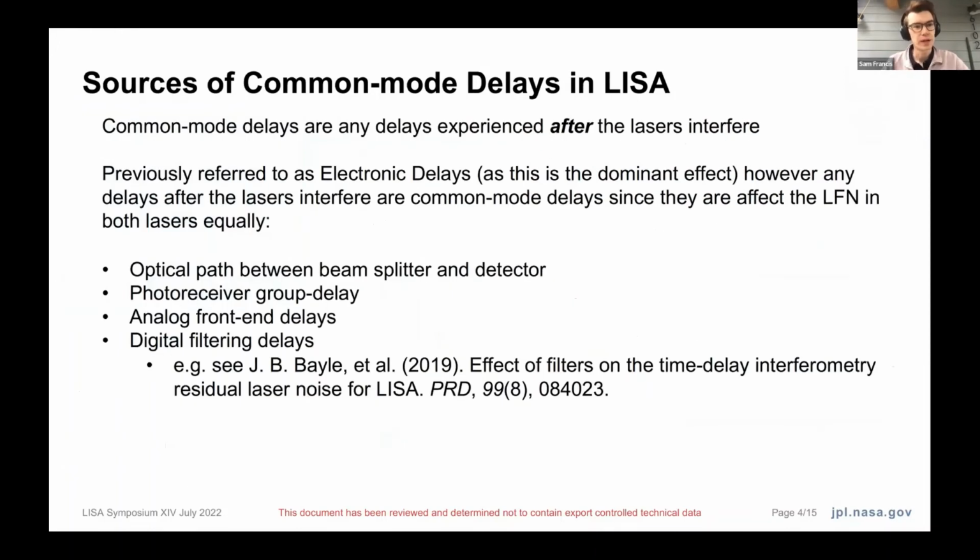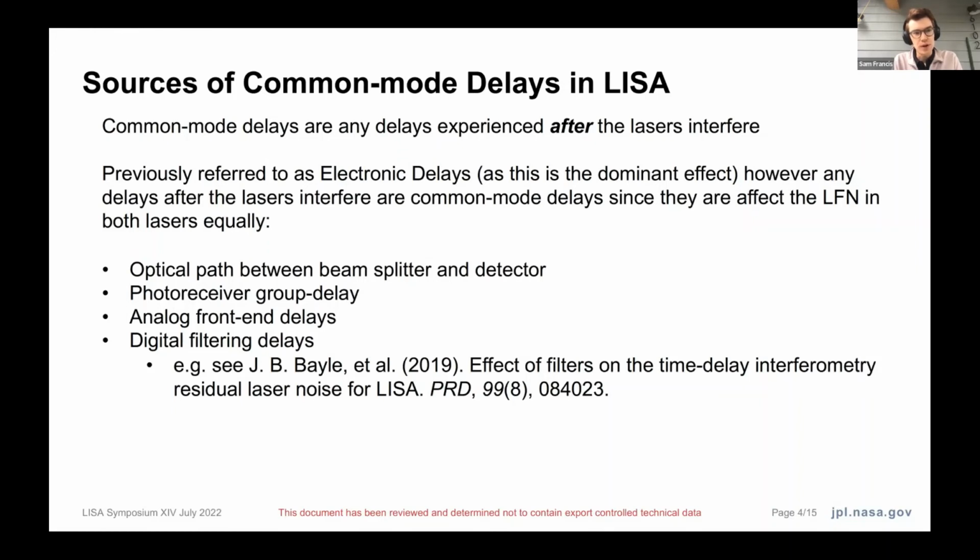Okay, so like I said, these common mode delays are really any delay that's experienced after the lasers interfere. Previously, people have talked about these types of delays, but they've focused on electronic delays. And this is fair because based on our estimation, electronic delays are going to be the dominant effect here. However, just to be technically accurate, we think calling them common mode delays makes more sense because really it is anything that's occurring after the lasers interfere. I've listed a few possible sources of these delays here.